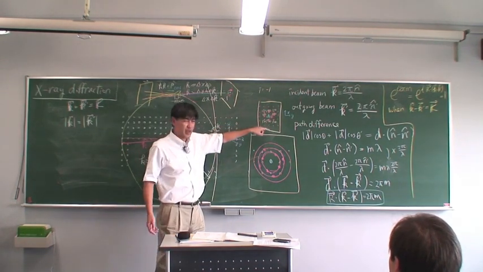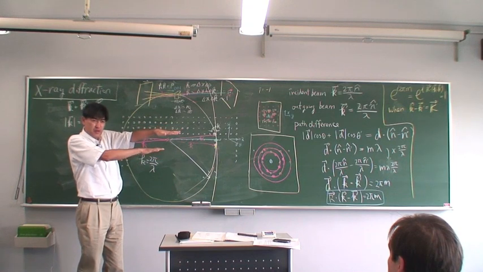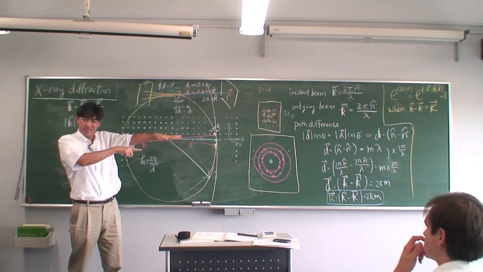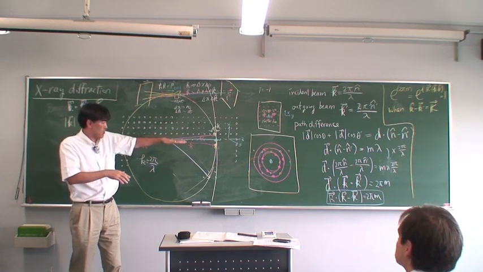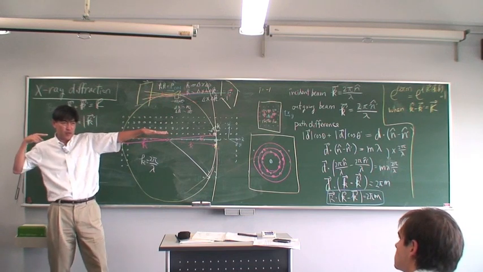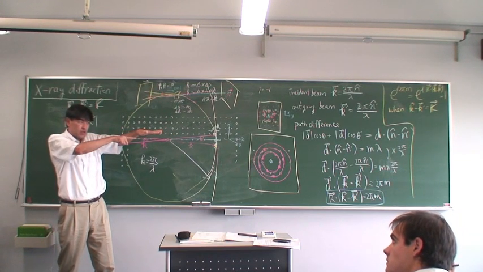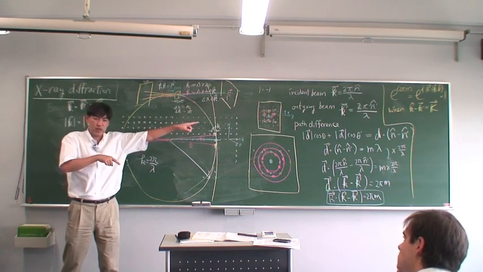The 1, 0, 0 plane is parallel to the incident wave. We have these planes and I have the incident beam, and even though the incident beam is parallel to this plane, I get diffraction spots.